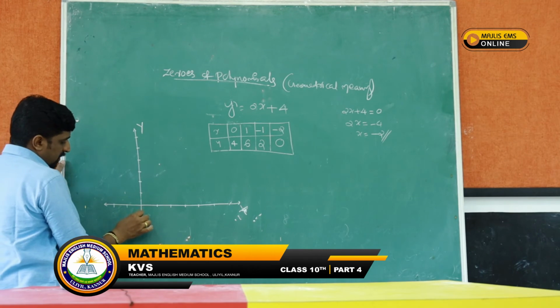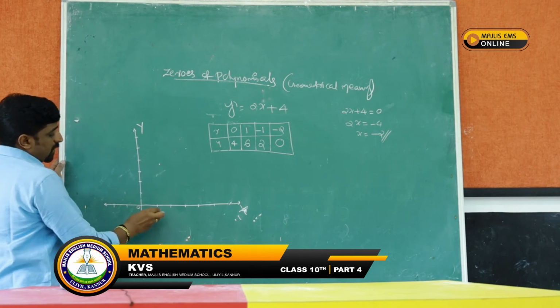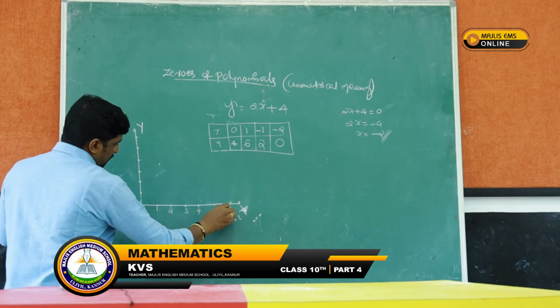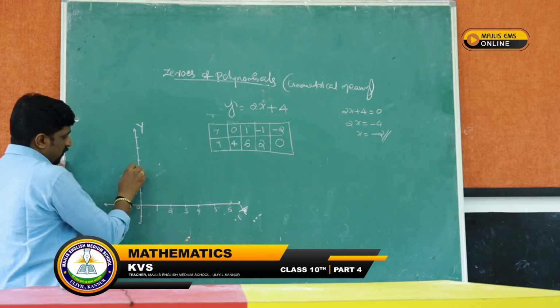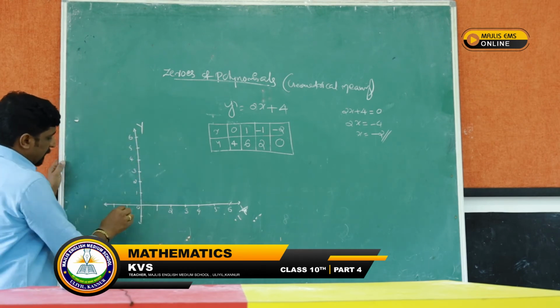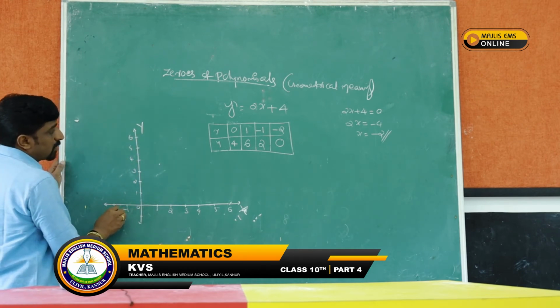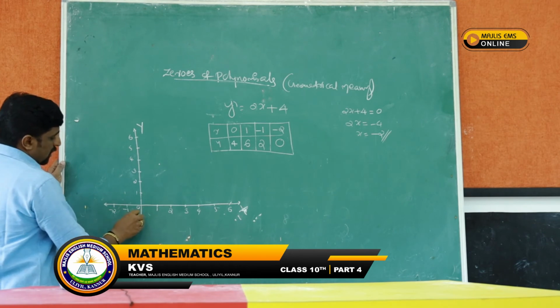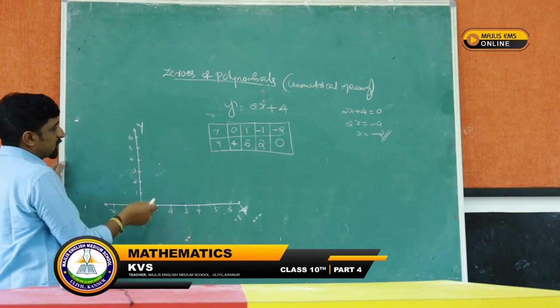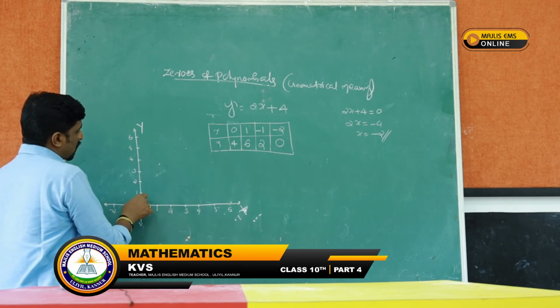You can draw by using, okay, here 1, 2, 3, 4, 5, 6. Here also 1, 2, 3, 4, 5, 6. Then on this side minus 1, minus 2, and here minus 1. Next we can locate (0, 4): x 0, y 4.